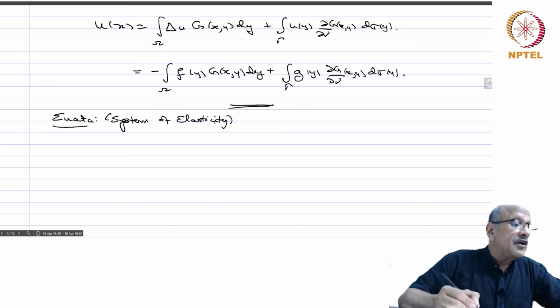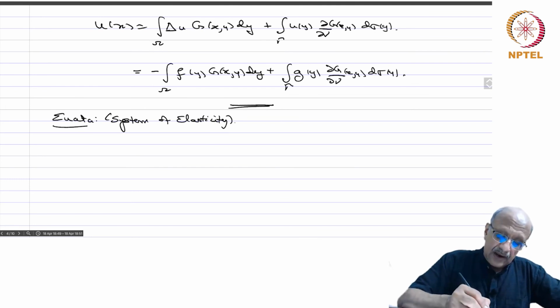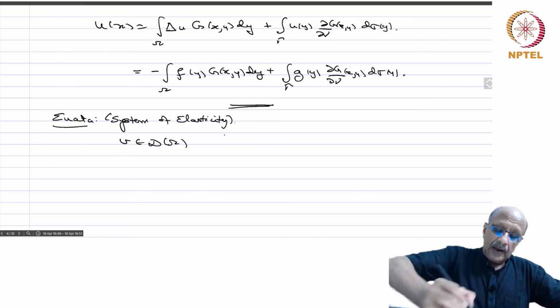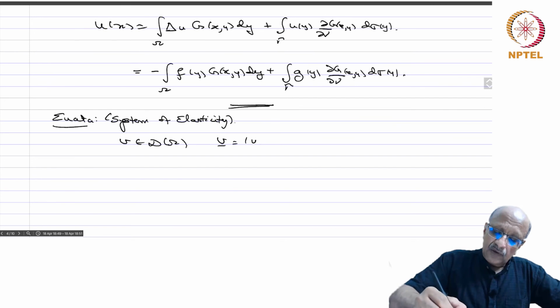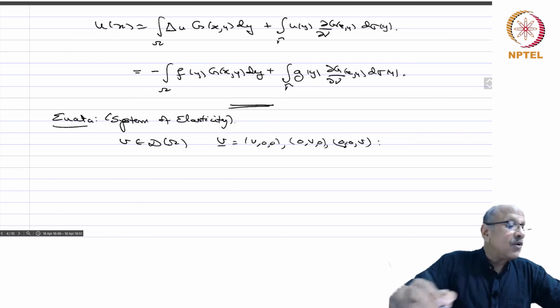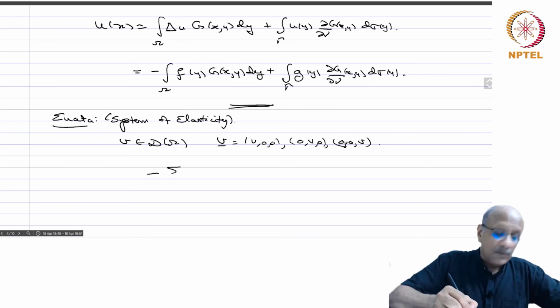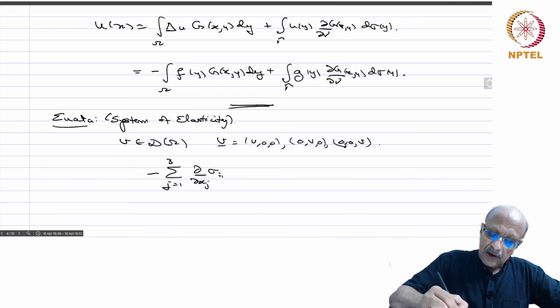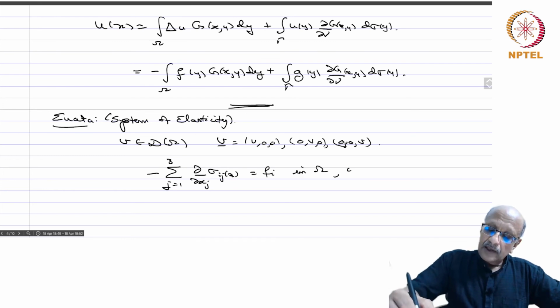you might have already figured it out. So, we had that v in H1_0 of Omega, and then we took v equals (v, 0, 0), (0, v, 0) and (0, 0, v) when finding out the way of recovering the differential equations, and then we get that minus the sum over j equals 1 to 3 of d/dx_j sigma_ij(x) equals f_i in Omega, i equals 1 to 3.